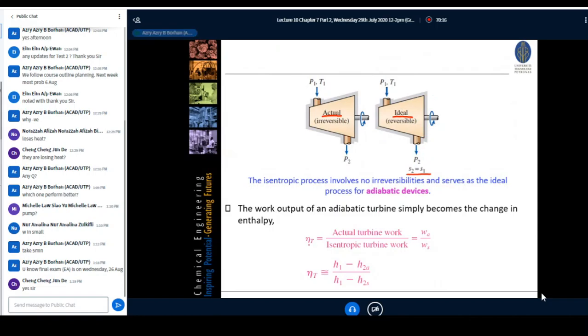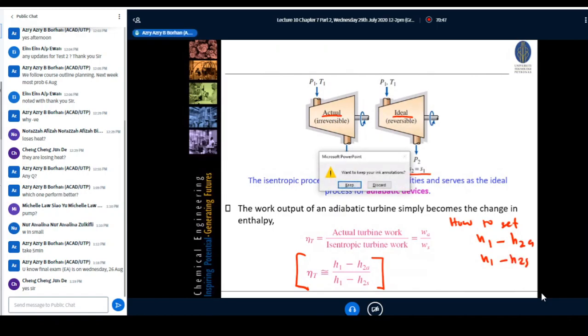So from the equation, isentropic efficiency for turbine is equivalent to WA over WS. Okay, guys, my question, how can I get this equation? How can I get this? How to get H1 minus H2A or H1 minus H2S? How can I get those?